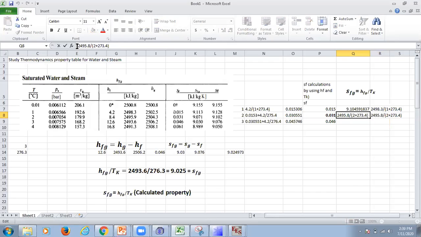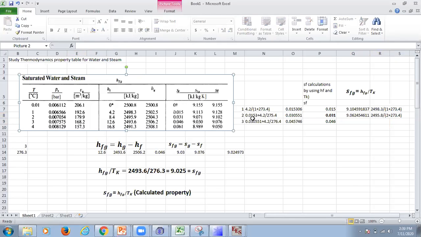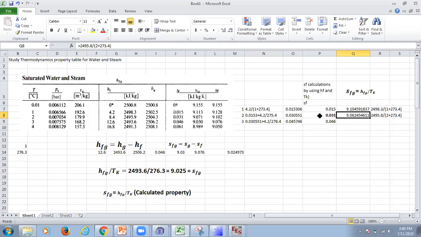In short, you should observe that these are calculated. See 9.062. See 9.071. This is quite close, because here our decimals are somehow truncated. Okay, that's why. So 9.06 to 9.07.